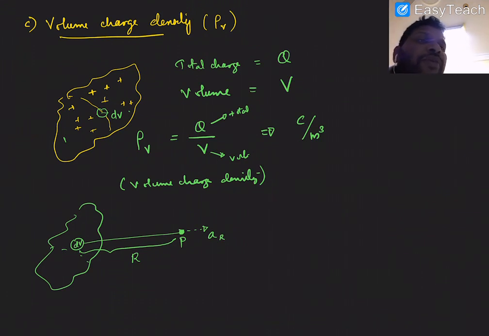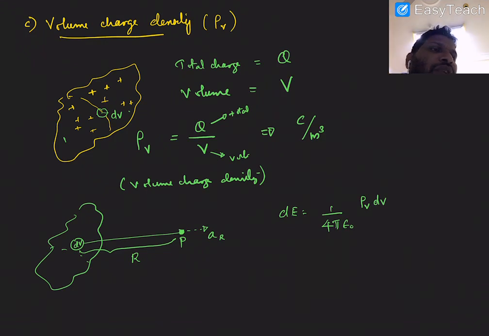Now we can calculate the differential electric field as 1 by 4 pi epsilon 0 into the charge at this differential volume. You know the volume charge density, if you multiply it with the volume, you will get the total charge, or we can say it is dQ, then divided by the distance R square, and the direction is AR.